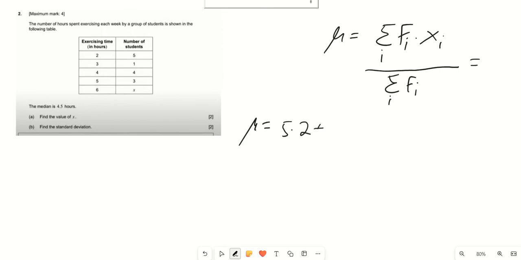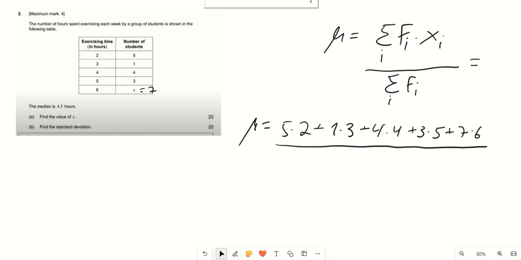Then we have 1 student times 3 hours plus 4 times 4 plus 3 times 5 plus x, which is 7, we already calculated it, over the sum of fi, which is 5 plus 1 plus 4 plus 3 plus 7.